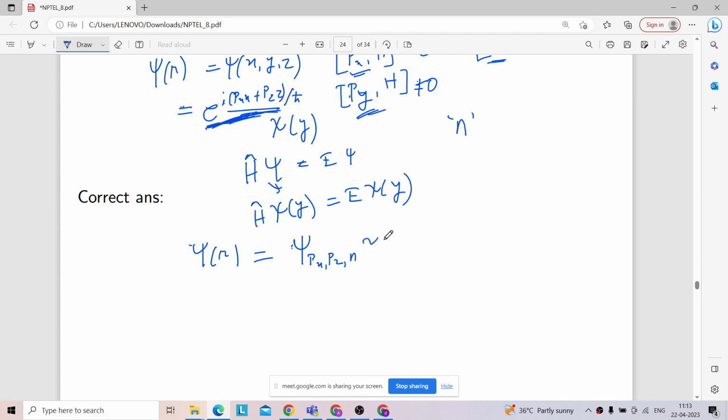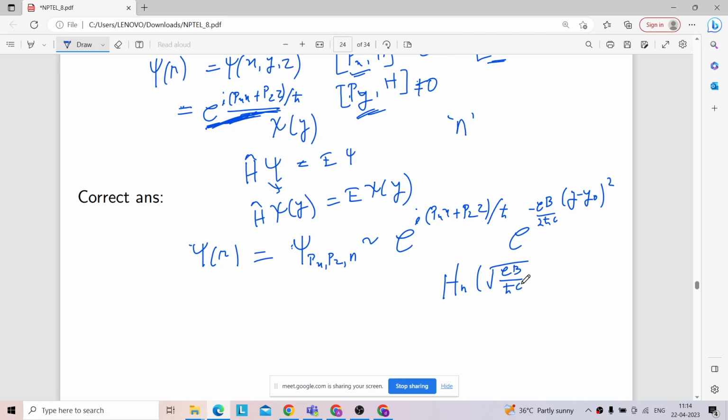So this wave function can be written as this phase factor e to the power i (px x plus pz z) divided by h cross, and from the y part we will get e to the power minus eB divided by 2 h cross c, (y minus y0) square, and Hn, which will be a function of eB divided by h cross c, (y minus y0), where this Hn is the Hermite polynomial. This is Hermite.